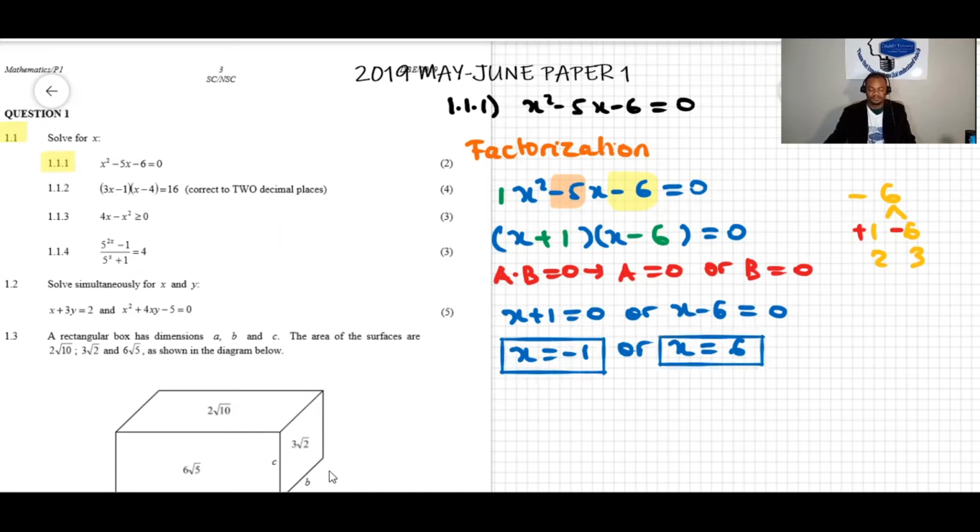Okay. Now, we can also solve this by using the quadratic formula.